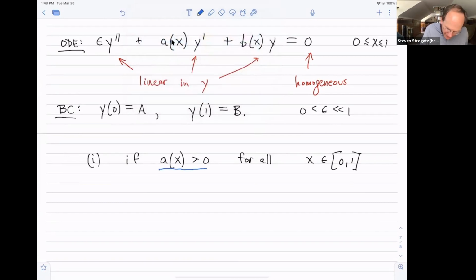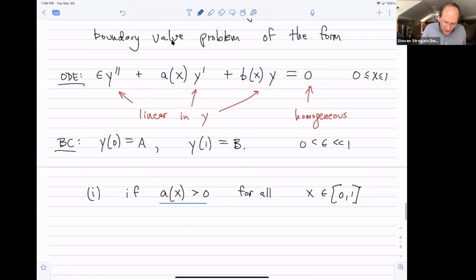And by the way, what's this a? Let's just stare at it. It's this coefficient right here, the coefficient of the y prime term. If you want to think of it like an engineer or a physicist, you could sort of read this equation as F equals ma for a weird kind of spring and mass and dashpot.